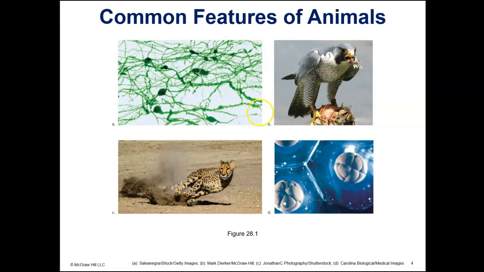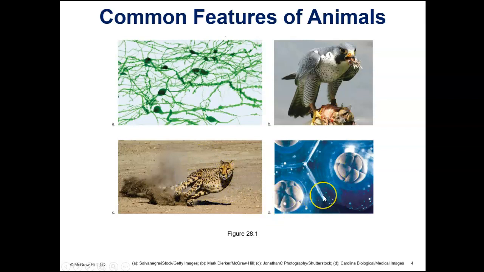Common features of animals: these slides just show up here. In picture A, these are neurons, nerve cells, in other words. In picture B, of course, we're looking at someone having a meal, and then we've got the cheetah, fastest animal on earth.